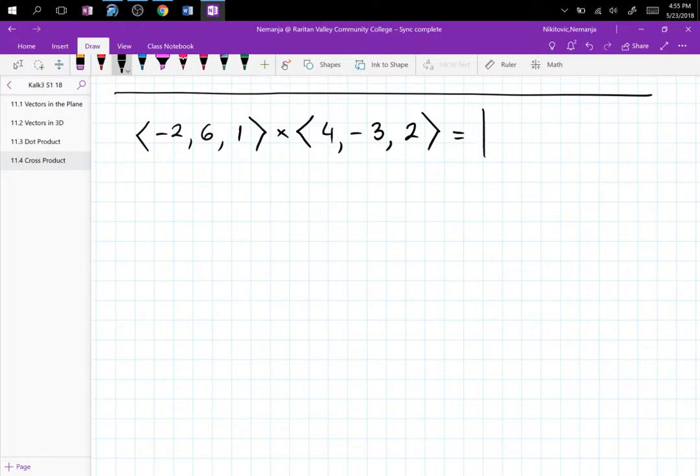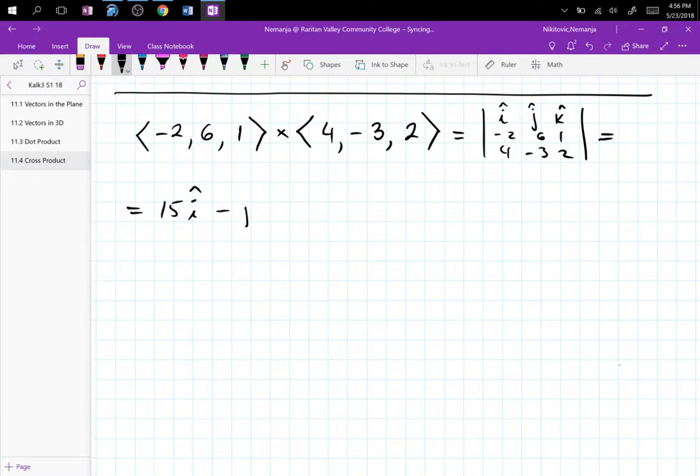All right, so let's take a look. IJK with hats, -2, 6, 1, 4, -3, 2. So we have what? I, and then 6 times 2 is 12, plus 3 is 15. That's 15I.